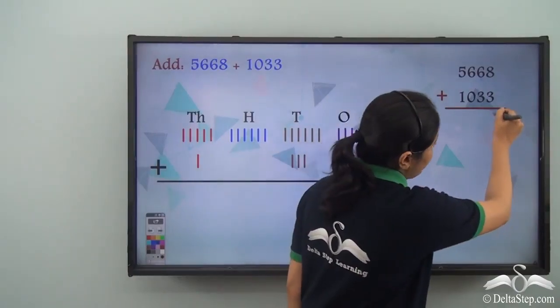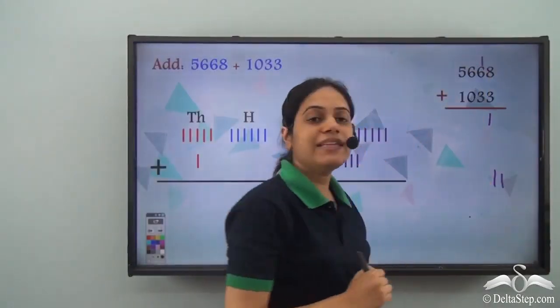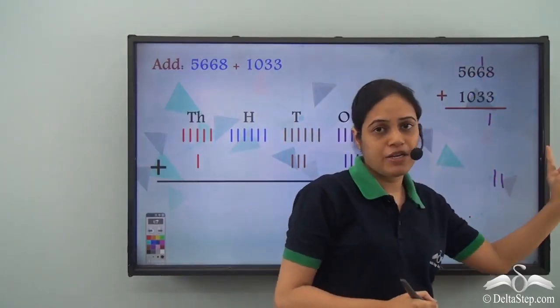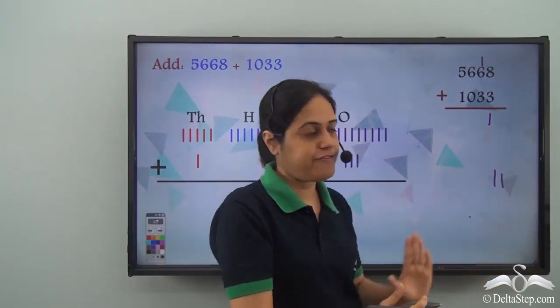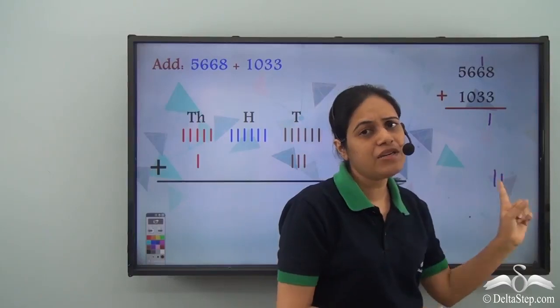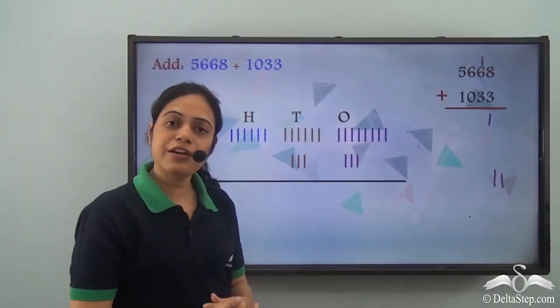So I write 1 in the ones place and 1 tens is written in the tens place. We also say that we are carrying 1 to the place on the left. So if I am adding the digits in the ones place, I am carrying 1. But why exactly are we carrying this one?